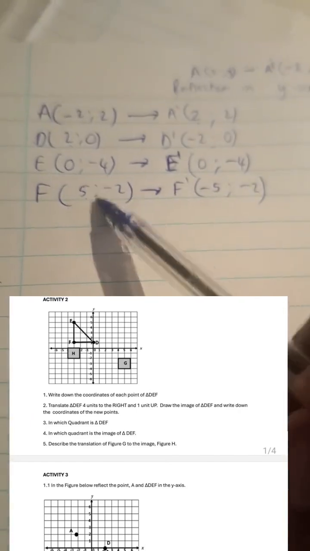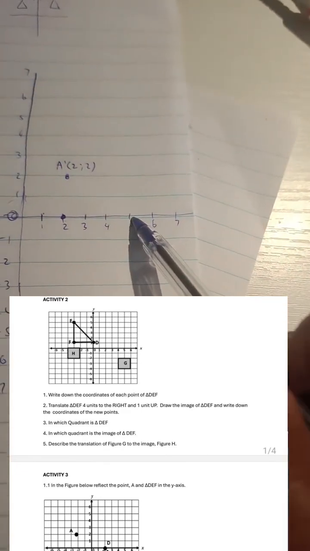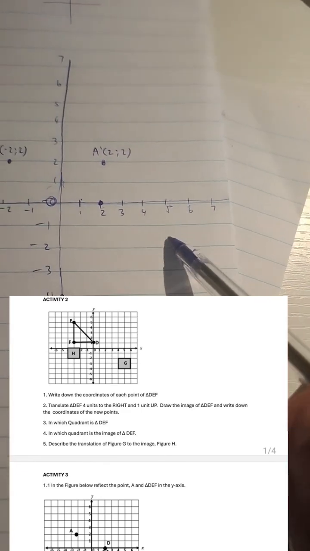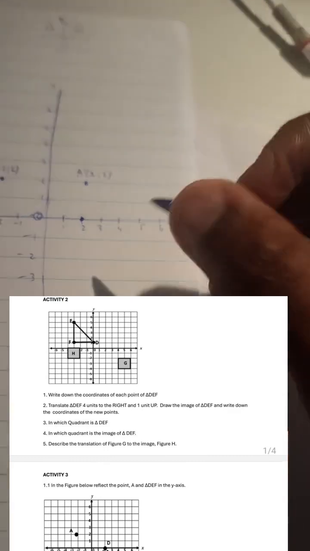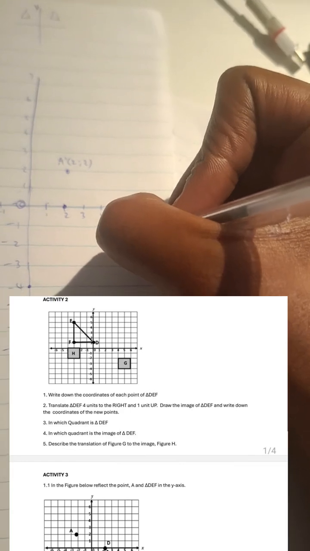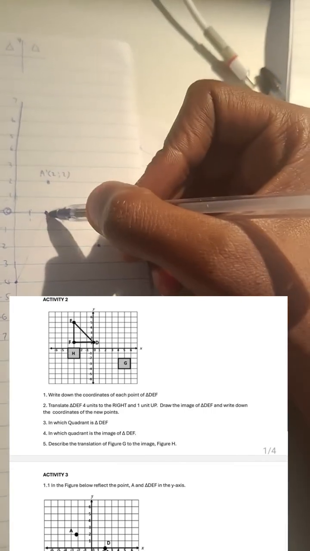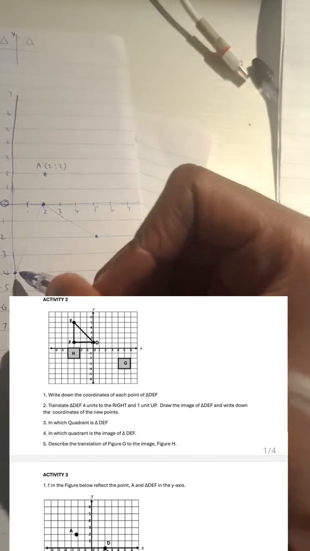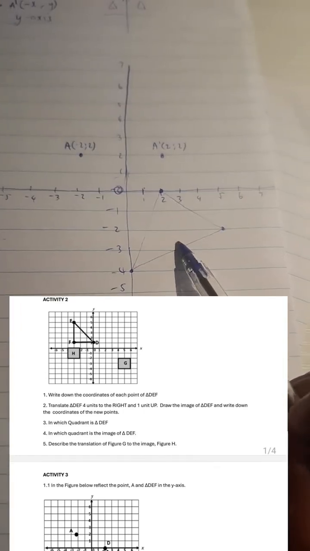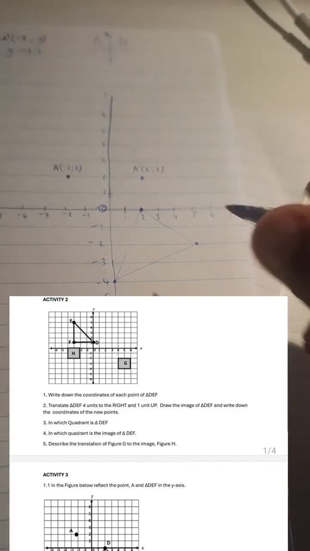They meet there. And then lastly, F, which is 5 and negative 2. X, which is 5, and then y, which is negative 2. That's here. We are located there. Okay, right? And this is where the triangle is situated. Triangle what? Triangle DEF.